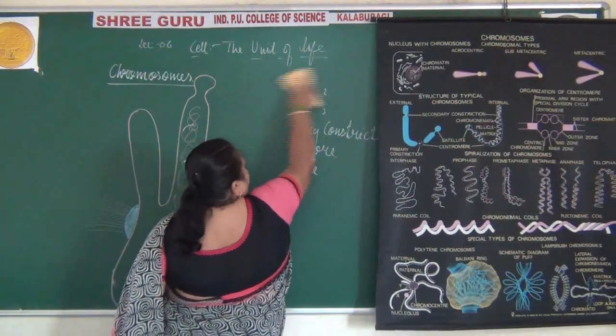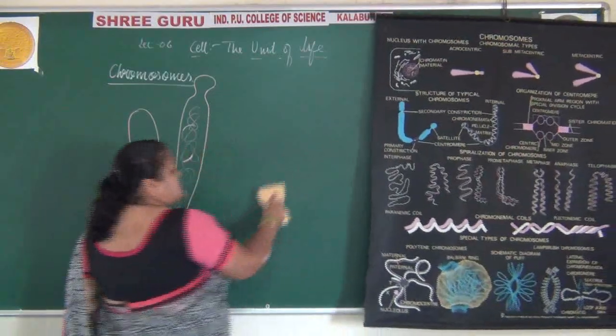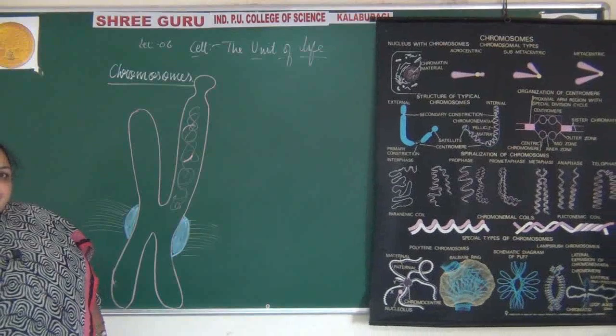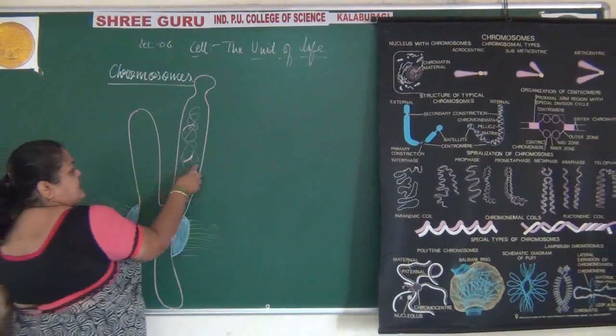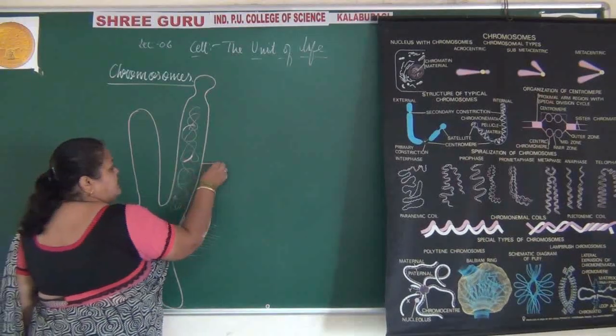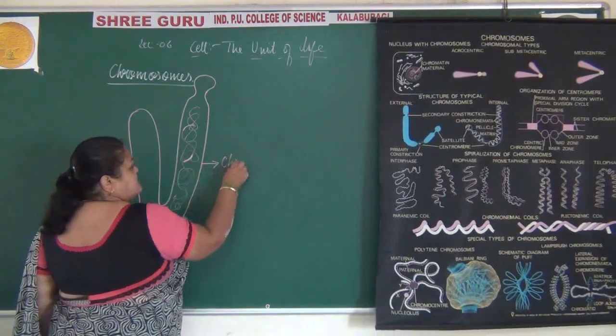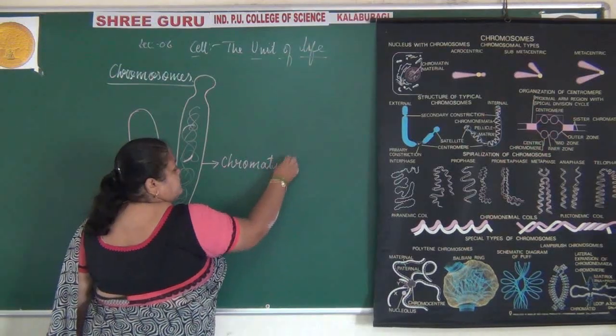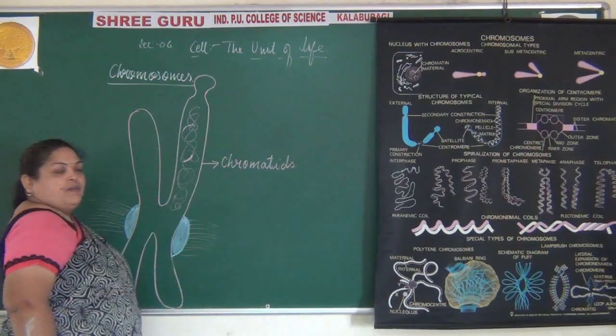The chromosome, as observed, has 2 rod cylindrical arms. These arms are called chromatids.